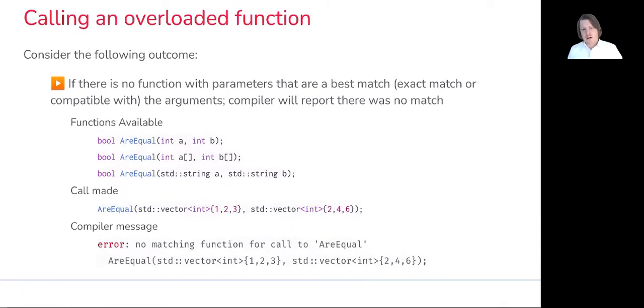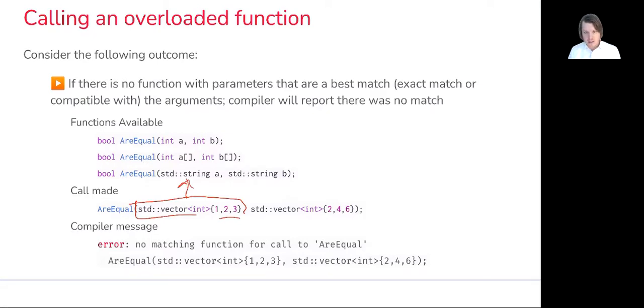Now consider the following outcomes. If there is no function with parameters that are a best match, exact match, or compatible with the arguments, the compiler will report that there was no match. For instance, let's assume that we have this family of functions available again to us, and a call is made to it with the arguments of both values of standard library vector of integer type. In this case, we have no way to convert a vector to a string.